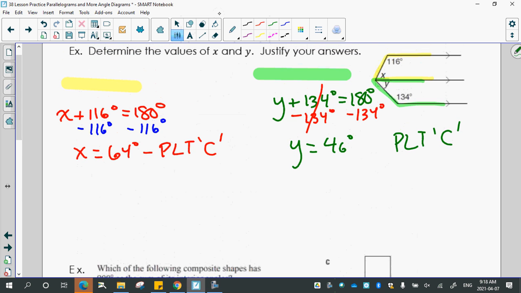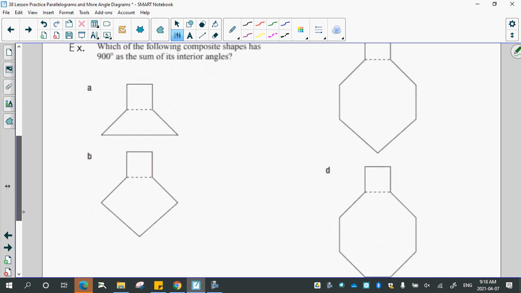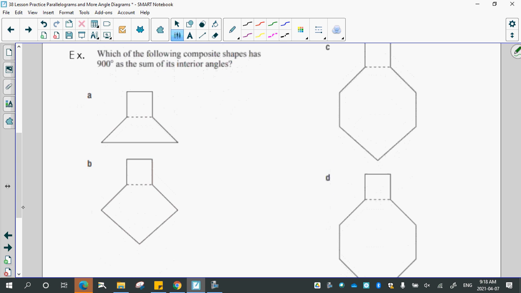So if we're looking at this one, we want the sum to be 900. Is it fair to say that all of the tops here are 360? Everybody good there?